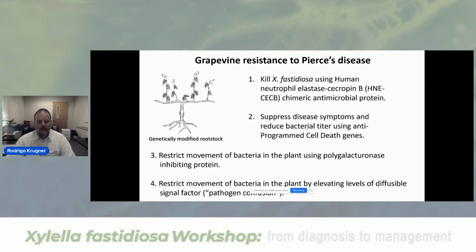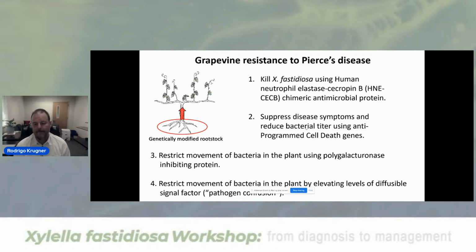Biotechnology. So this has been done for quite a few years now. Instead of transforming the scion or modifying the genome of the scion, what they're doing is developing rootstocks that have been modified. One approach is to kill Xylella fastidiosa. So the rootstocks will produce these antimicrobial proteins, which will then float to the top of the scion and kill Xylella.